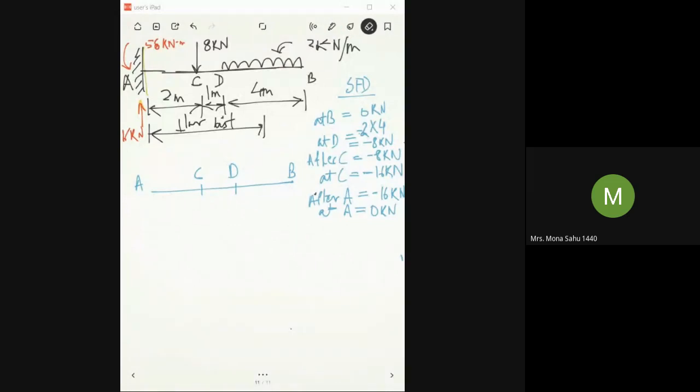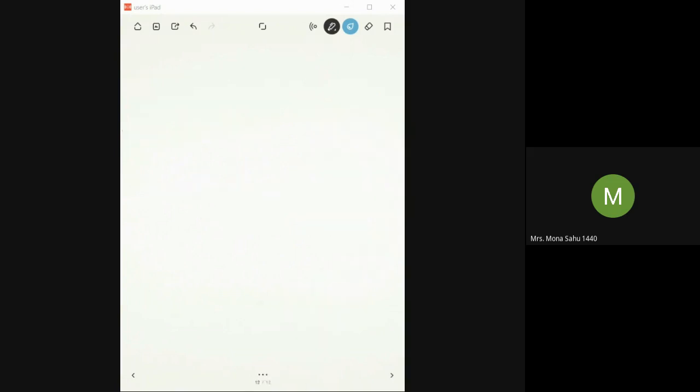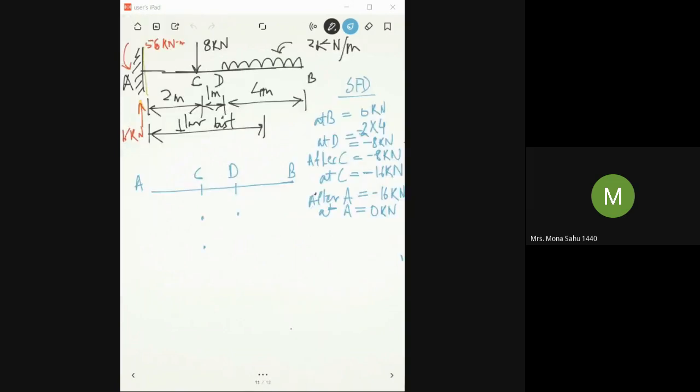And then at D it is minus 8. At C there are 2 points, minus 8 and minus 16. At A it's minus 16 and then 0. So I told you join the points. Just join the straight lines in SFD diagram. So this becomes your negative SFD. This is minus 8, this is minus 16, this is minus 16.